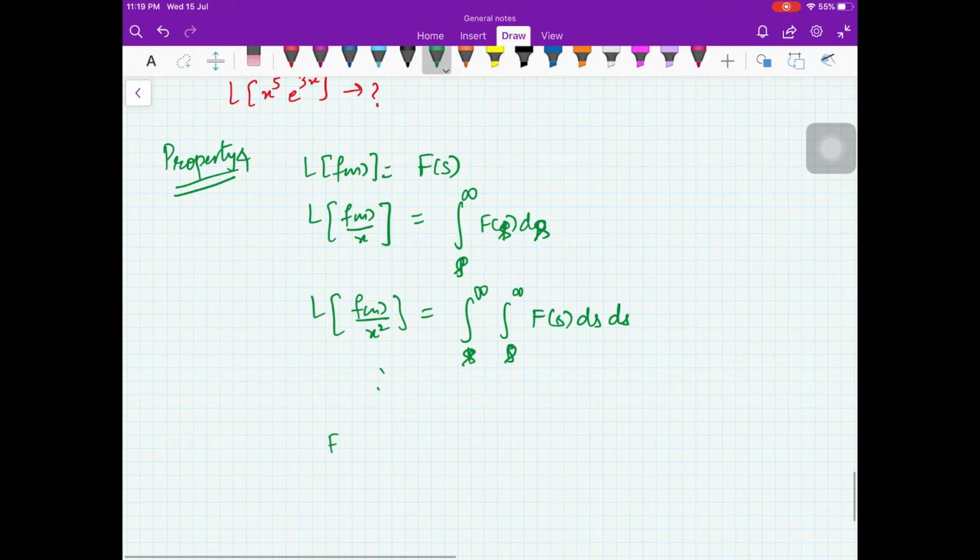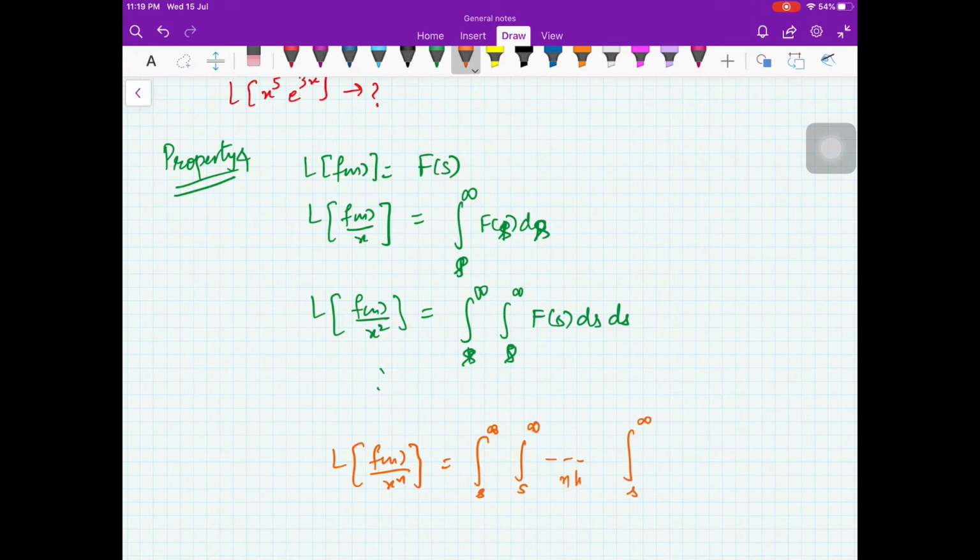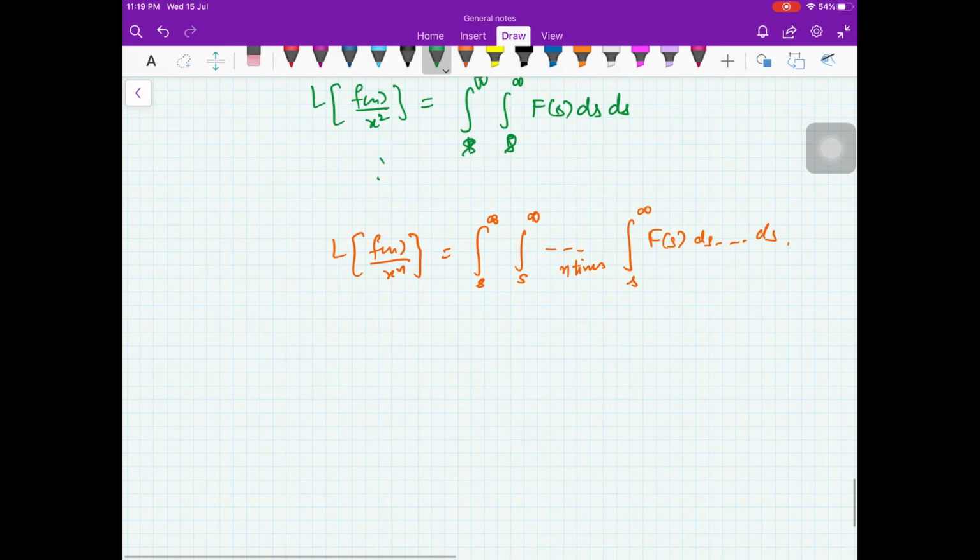So if I'm dividing with x raised to power n, then I have to integrate n times. N times you have to integrate your capital F of s, right? Okay, so let us do some questions based on this particular property.